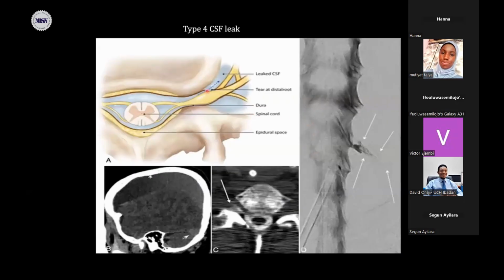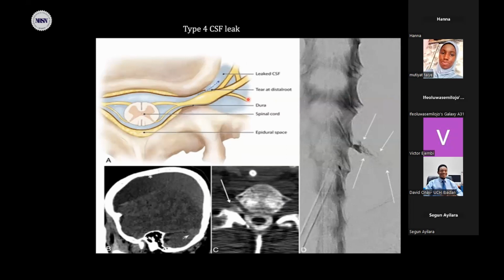A type 4 tear will be extradural, so along the sleeve, such that there is a tear which allows the CSF to seep out, and there is no CSF leakage into the epidural space. So if you are doing any imaging, and you are just waiting to see CSF within the epidural space here, it means that you're going to miss it, because all the CSF with the contrast is going to leak outside.